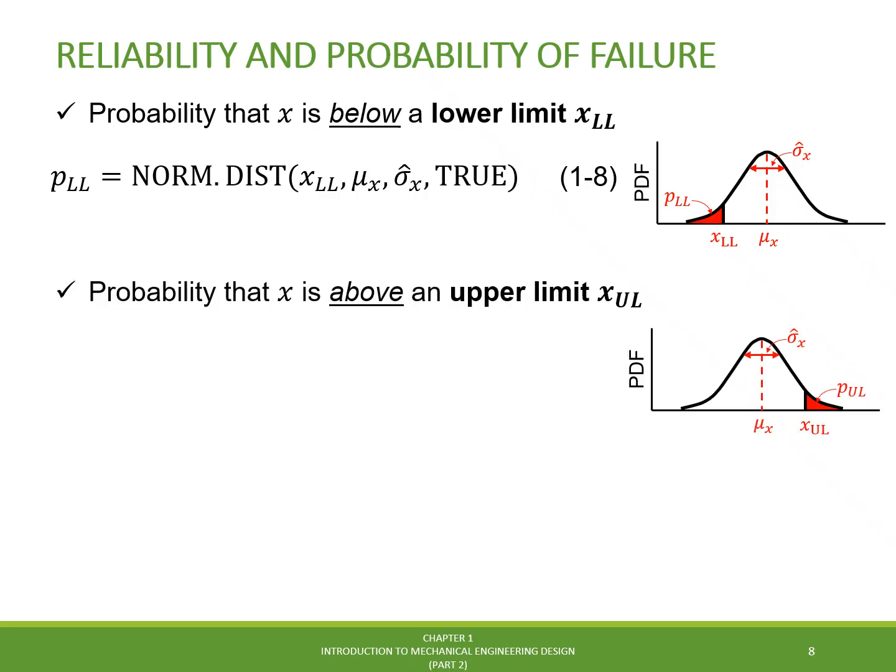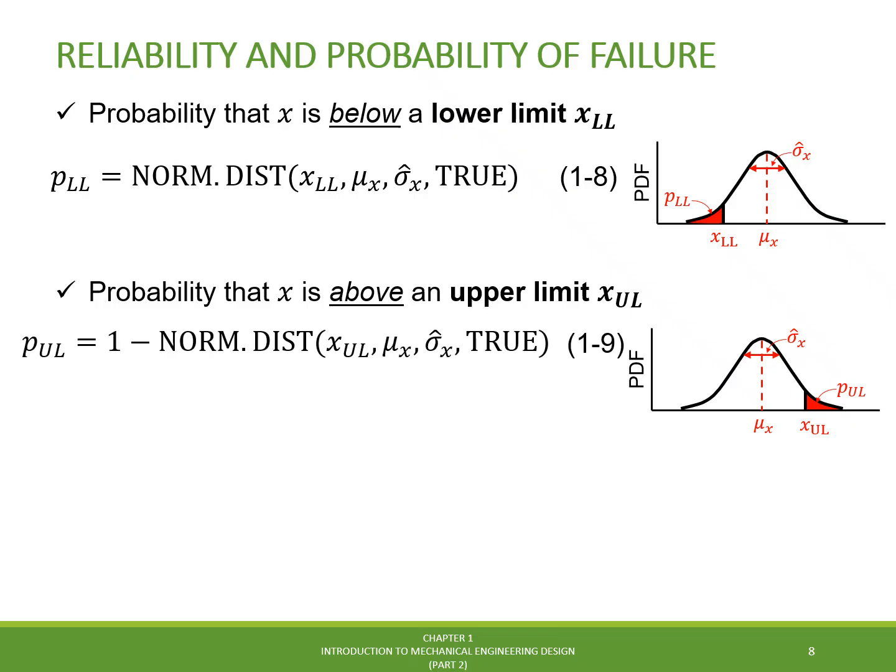Another example is if we want to calculate the probability that x is above the upper limit x sub UL. So we have to do something very similar. The only difference here is that we are going to calculate the area under the curve for this value here, xUL and above. So that's why we're going to get the probability or the area under the curve for this red section here.